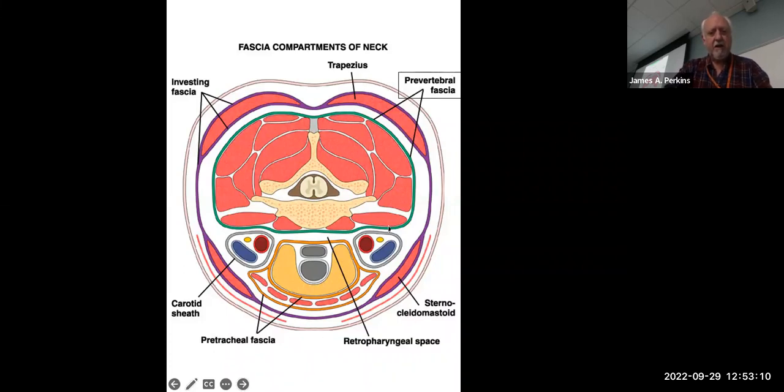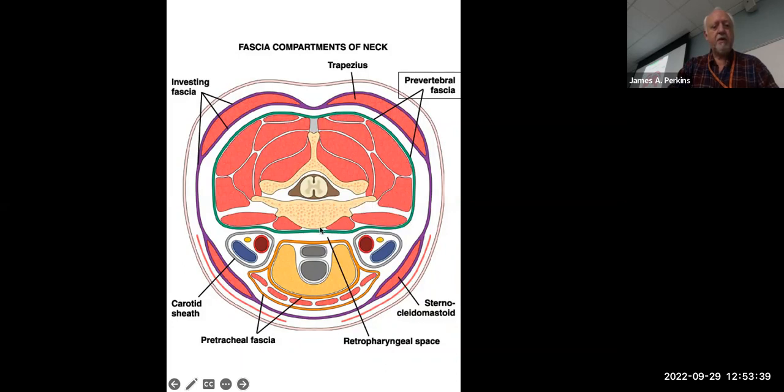And it's a little bit of a misnomer because the prefix pre usually means before or in front of. So prevertebral suggests that it's a bunch of stuff that sits anterior to the vertebrae. And that's not really true, because if you look very closely at this green line, you'll see that it includes the cervical vertebrae themselves, and includes a few structures that do in fact sit anterior to the cervical vertebrae.